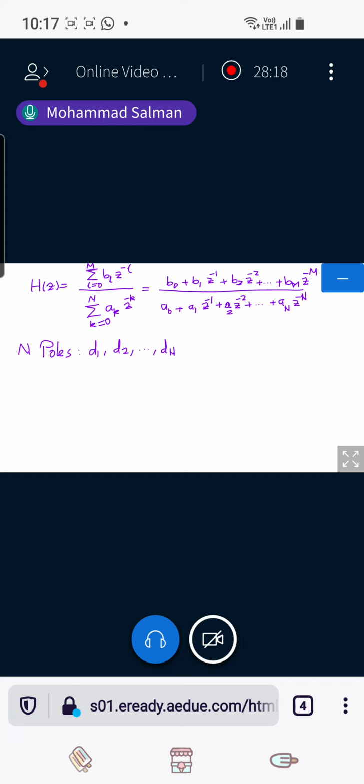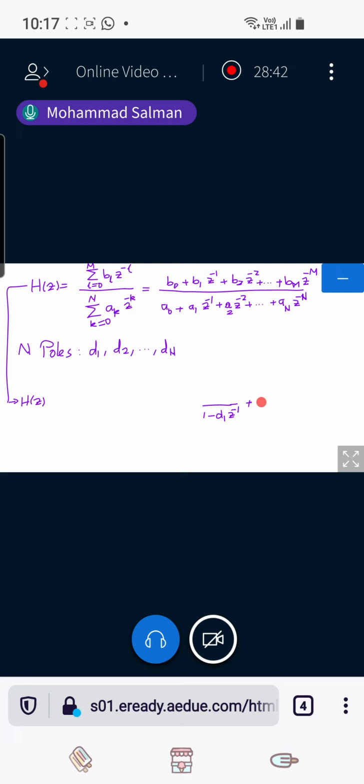Okay? So in this case, if we would try to partial fraction this one, it will be, for example, something over 1 minus d1 z to the power minus 1, right?